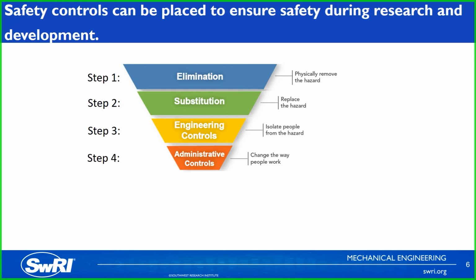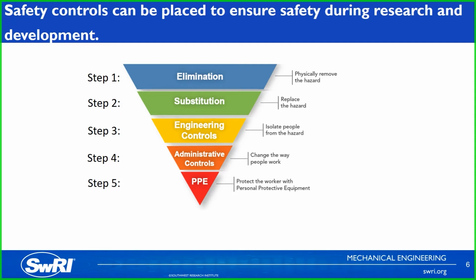These can be things like making sure that the system isn't in a transient state while they're doing that, making sure it's static, and making sure there are procedures in place that they follow, such as if you do find a leak, that you exit the facility and remove pressure before continuing on to fix that leak, and other procedural controls that people can follow to, of course, keep them safe.